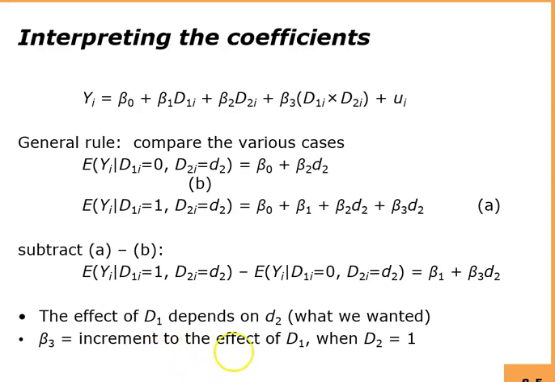Now we have achieved that, because we are looking at this term d2 in the expression for the effect of d1 on y. And beta 3 is the increment to the effect of d1 when d2 is equal to 1. So when d2 takes the value of 1, beta 3 will be the increment to the effect of d1.